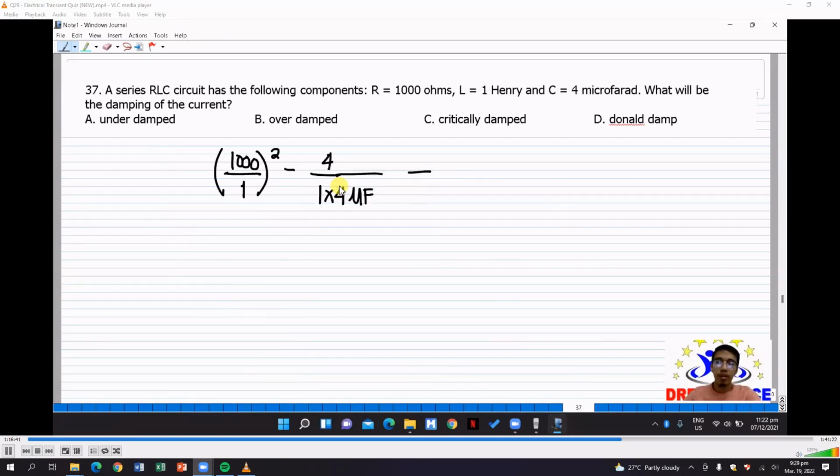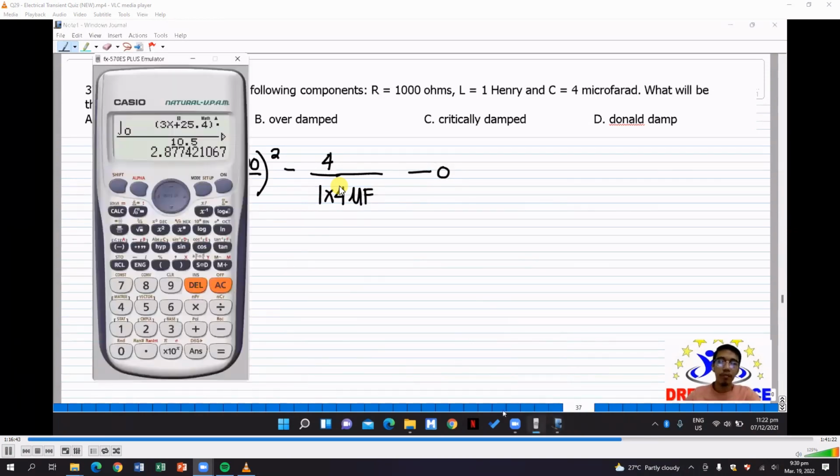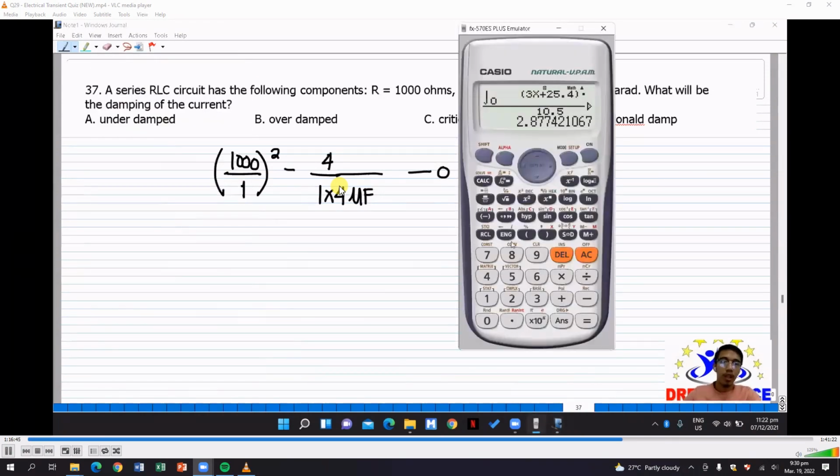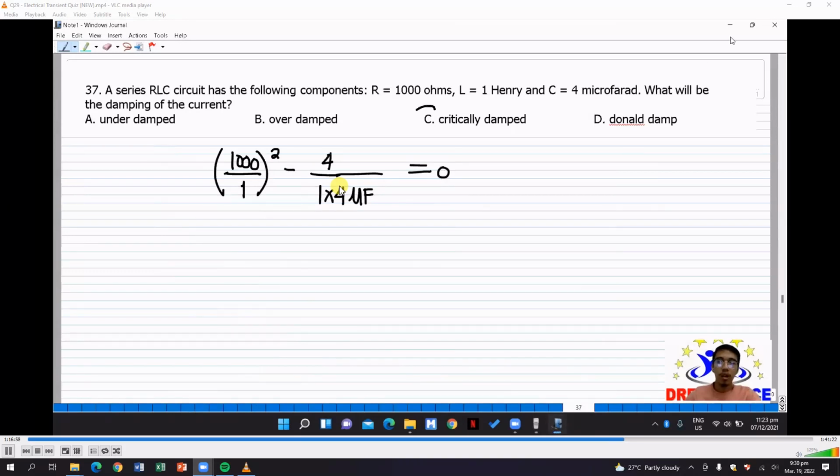So ano to compared to 0? That is 1000 squared minus 1 over 1 micro, so cancel na yung 4. Okay, so equal to 0, critically damped.